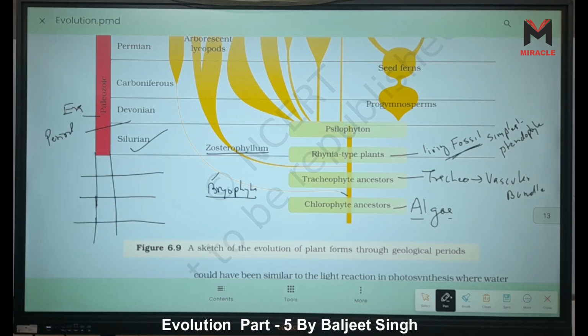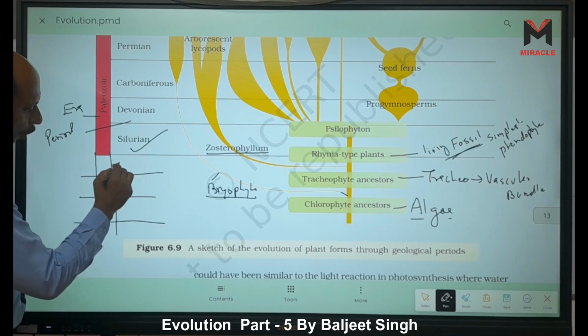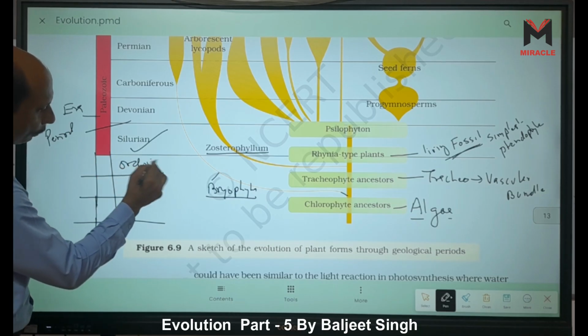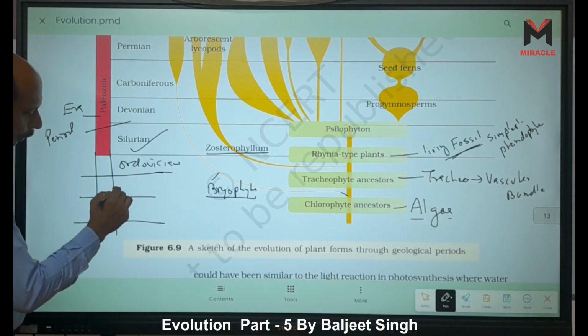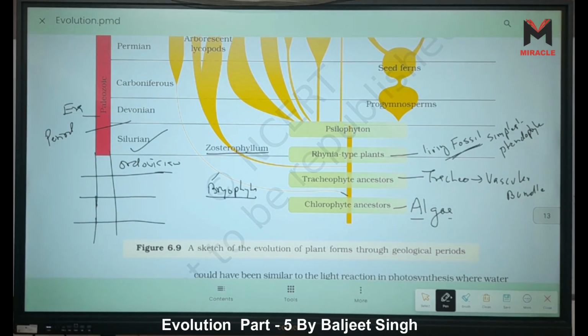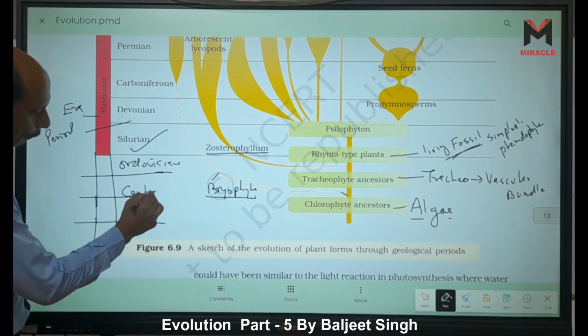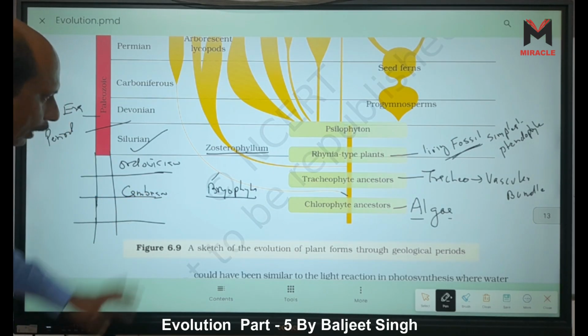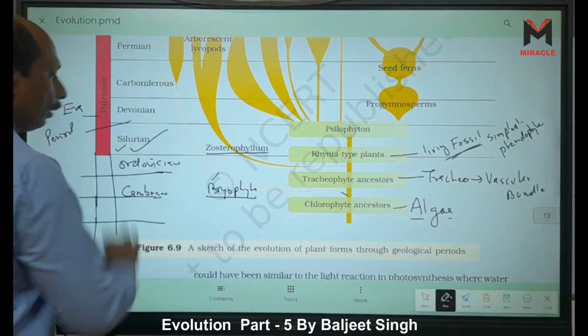Before Silurian there is Ordovician, then Cambrian, and after it Devonian. So Zosterophyllum appeared in the Silurian period.